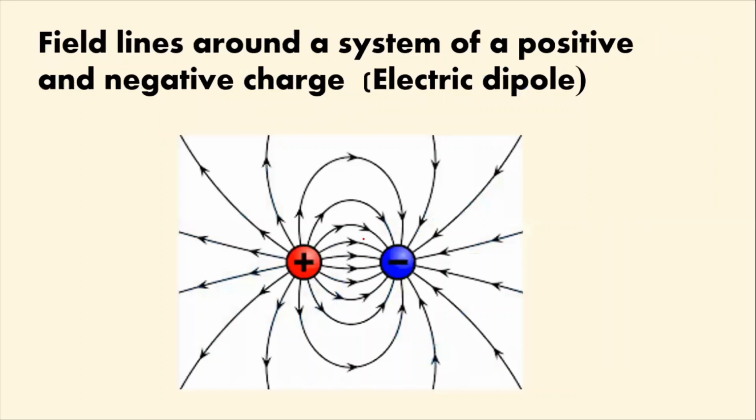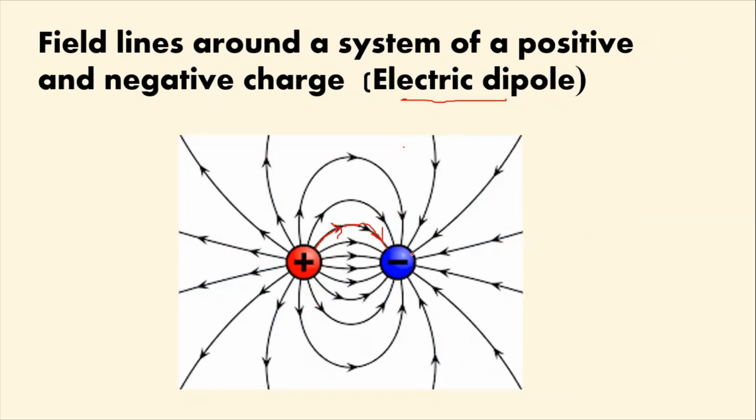Now we will take a combination of one positive charge and one negative charge. This type of arrangement is called an electric dipole, which you will study in the next class. As of now, an electric dipole is a system of two equal and unlike charges. As you have seen from the previous property, field lines start from the positive charge and end in the negative charge.